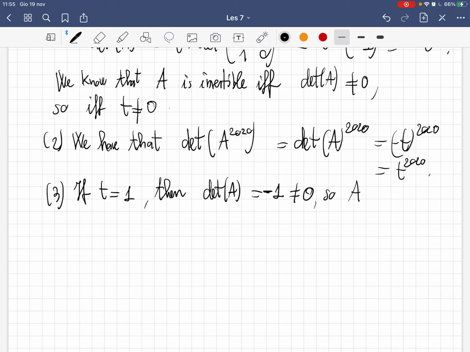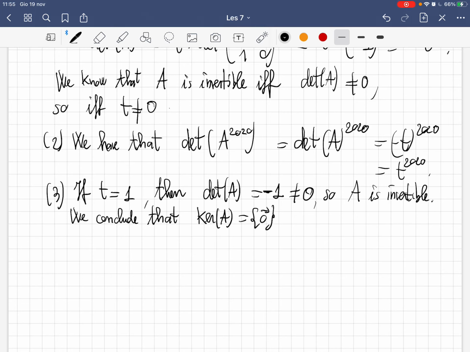So A is invertible. We conclude that the kernel of A, this is also part of the theory. If you have an invertible square matrix, then you know that the kernel is trivial. And you also know that the rank is maximum.